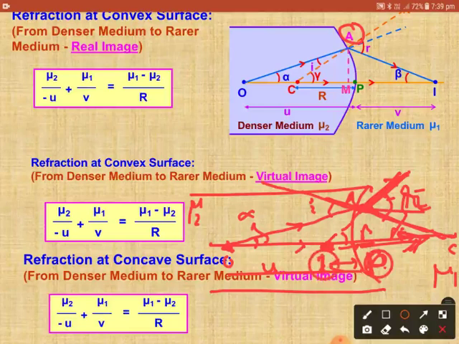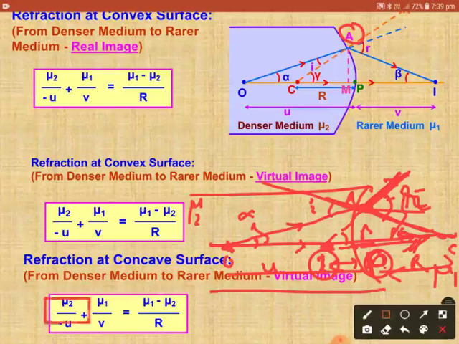Center of curvature is here, so the distance between this pole and the center of curvature, we call it as radius of curvature. So after using all those things that we have done, the same expression will be coming in this way again.